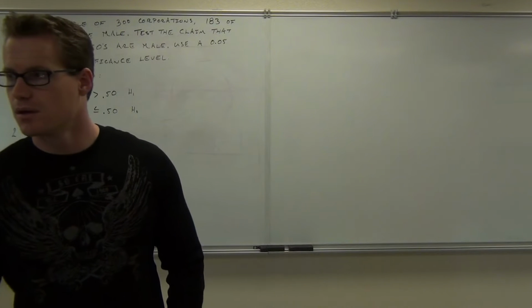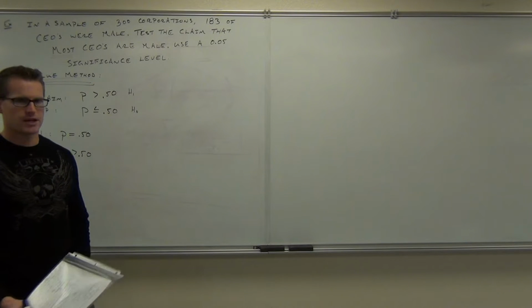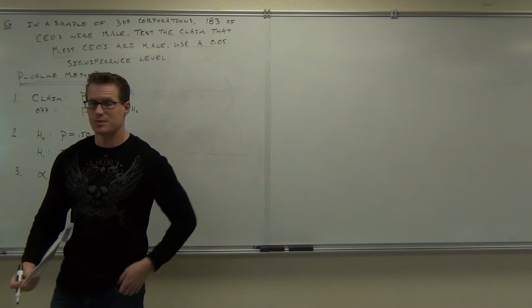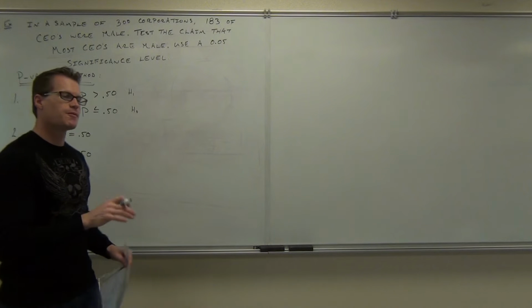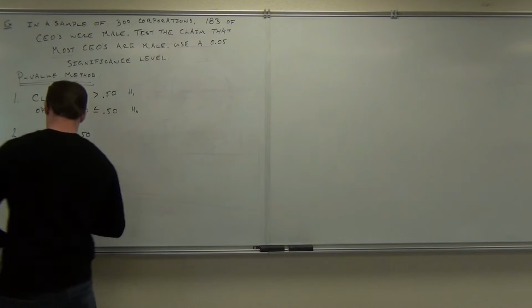So far, so good? Step 4 is where you actually do the math work. This is the only place where you actually have to do math work besides looking numbers up in a table. Step 4, you're going to calculate the test statistic.